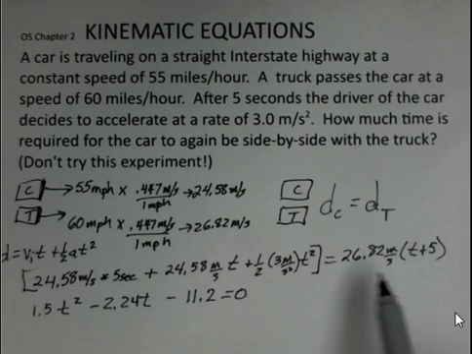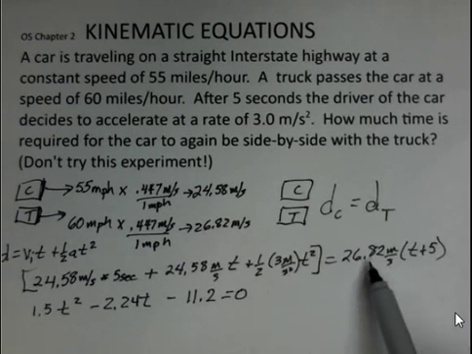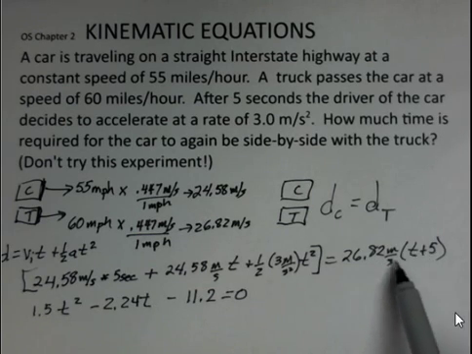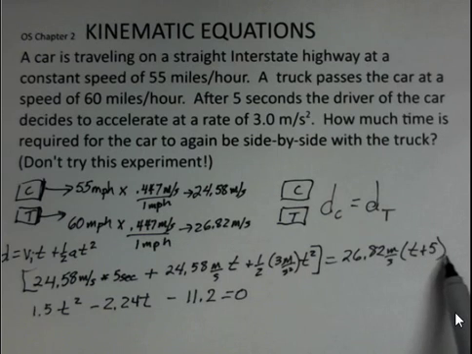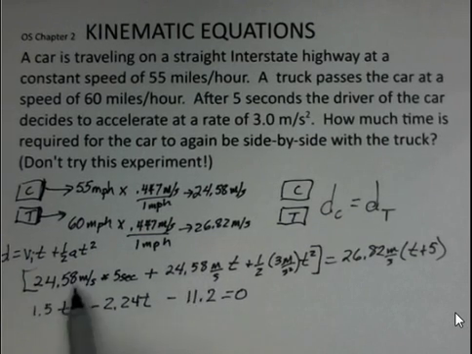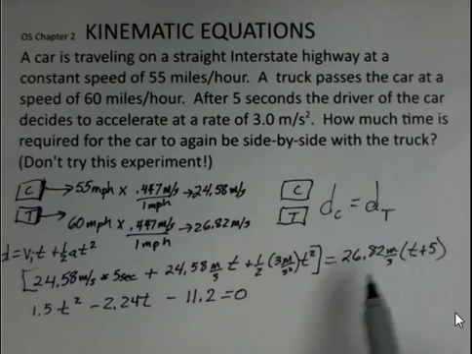For the t, we have to distribute here. 26.82 multiplies on the t, also multiplies on 5. So we get a term involving t, and we get a number. Over here, I've got a term that involves t, and here, after I multiply 24.58 times 5, I've got a number. So we combine the two terms that involve t.